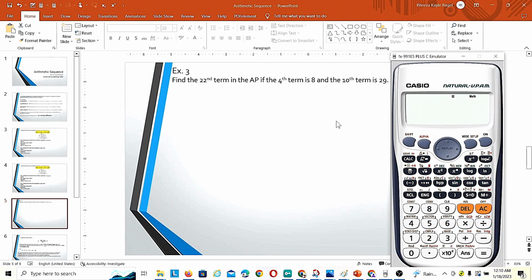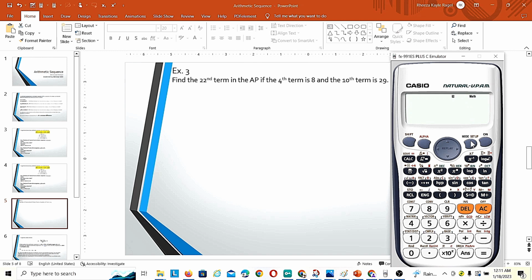Alright, let us have another example. Find the 22nd term in the arithmetic progression if the fourth term is 8 and the 10th term is 29. In this example, you will now clearly visualize how to properly input the values in your calculator. Again, if you can see the emulator, you can see that it is in normal mode.